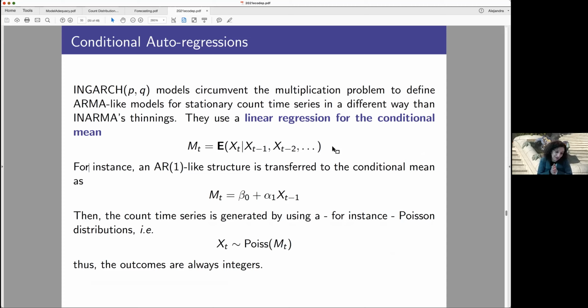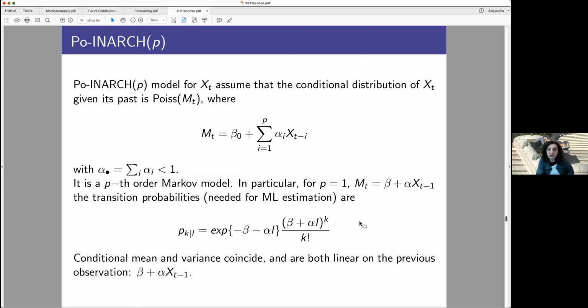Well, these models are fully specified if the conditional distribution of X_t given the past is fixed. So again, the easiest choice is to assume that they are Poisson distributed. So the conditional distribution of X_t given the past is a Poisson distribution with m_t as the mean, and m_t will be a linear combination of p past lags.